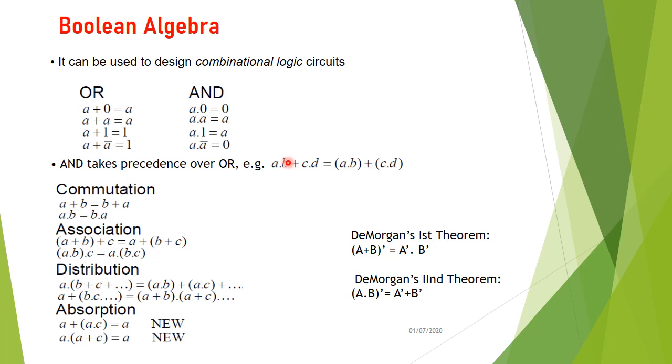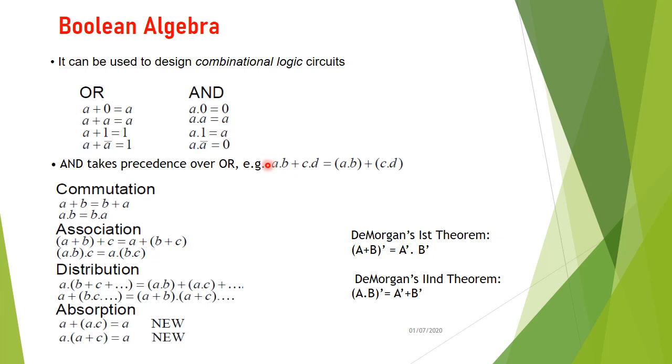Then next precedence comes for the ANDing operation, and finally the ORing has to be carried out. And to indicate those precedences, generally brackets or parentheses will be used.